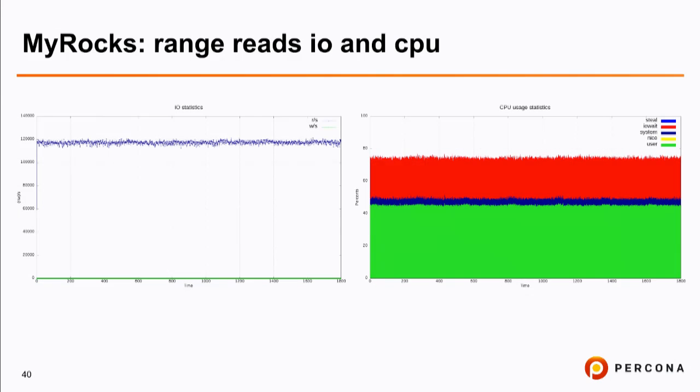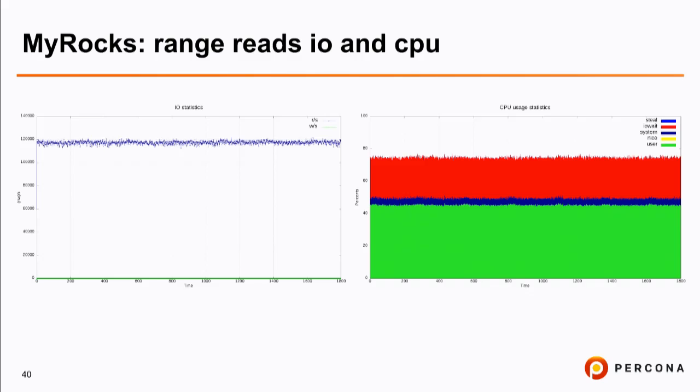And we started looking at MyRocks, what's going on, why for range reads it's better or the same. So I don't know, maybe it's true. Yeah, it's very small, but we're averaging about 120,000 reads per second in this test for MyRocks.